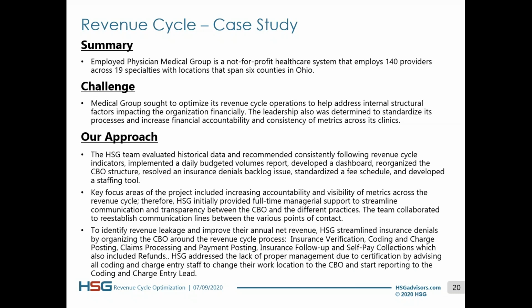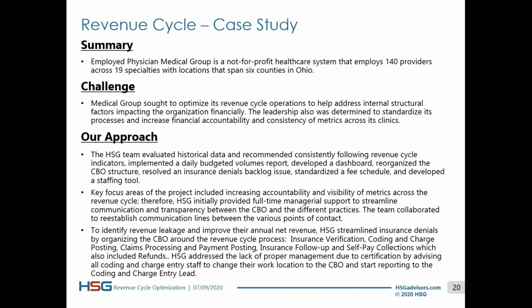So we went in and we totally restructured their CBO and organized it around process and systems of what we think the revenue cycle process should be. So there was an insurance verification team. We created a coding and charge posting team, claims processing. So we organized the CBO around processes and not practices.